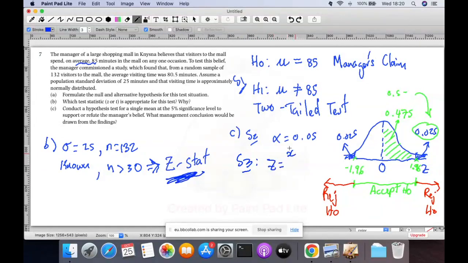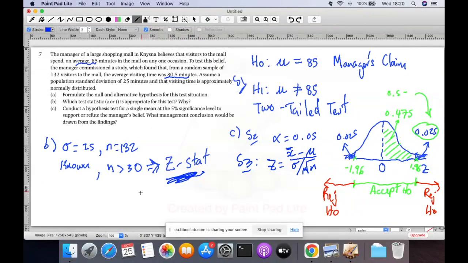Z equals X bar minus mu all over sigma over square root n. Now, all we need to do is plug the values into this formula. Now the value for X bar is given in the text. If you read there, you took a sample of 132 visitors, and the average of that sample is 80.5.